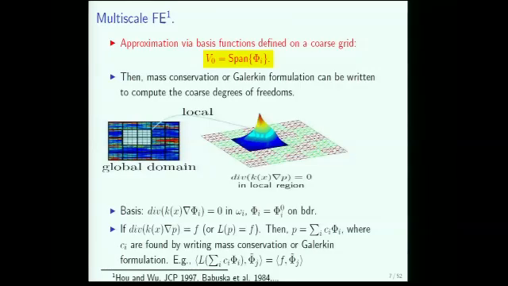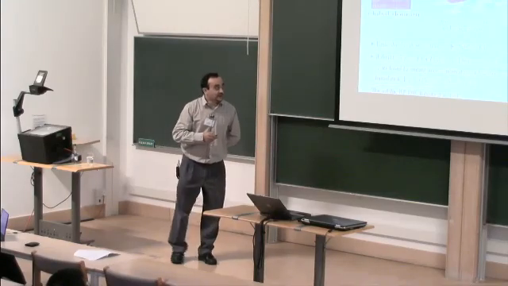So the basis function here for this node will be 1 here, with linear boundary condition. It's 0 on the outer edges. It linearly goes down, and inside each coarse grid block, there are 4 of them, the homogeneous problem is solved. So each basis function satisfies divergence k grad phi equals 0 in omega I. This is my omega I, node I, and phi is equal to phi 0, linear on the boundary.